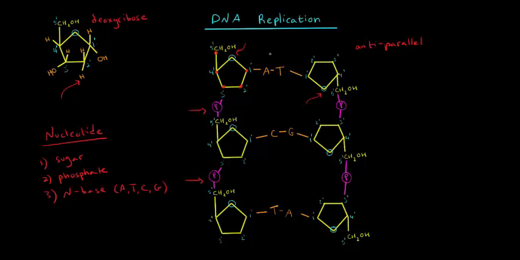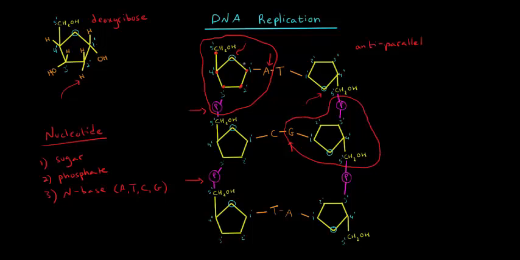So for example, here's a nitrogen base, and here's another nitrogen base. So this would be one nucleotide. This right over here would be another nucleotide. Notice each nucleotide has one sugar unit, one nitrogen base, and the phosphate group attached to the 3' carbon.